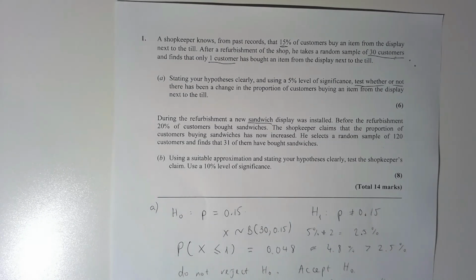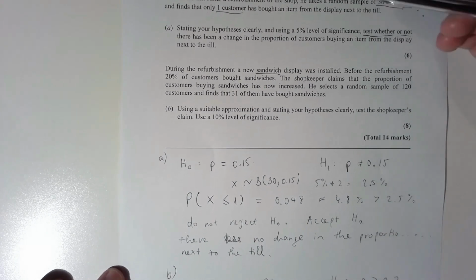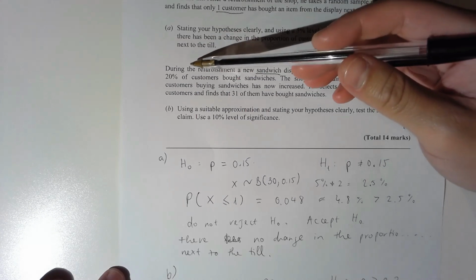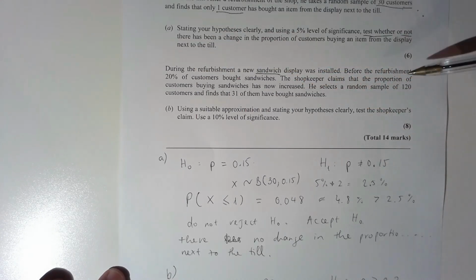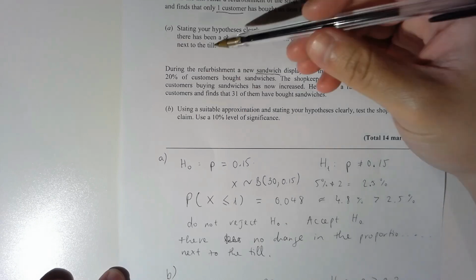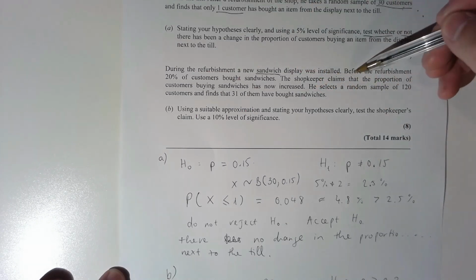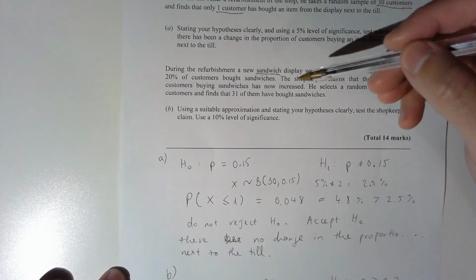Okay, now part A, that's marked easily. Now look at part B here. When you read the question, you see that during the refurbishment, the new sandwich, we talk about sandwich now, and you see that the customers who bought is about 20%, that means 0.2. And the shopkeeper claims that the proportion of customers buying sandwiches has increased.